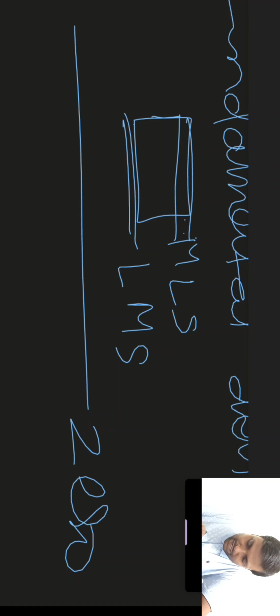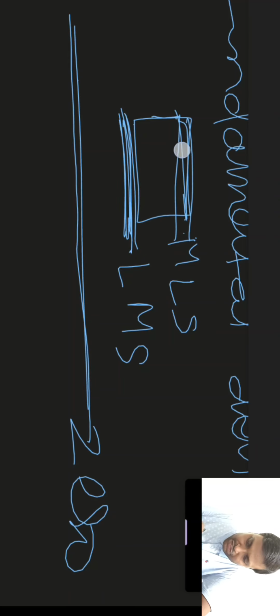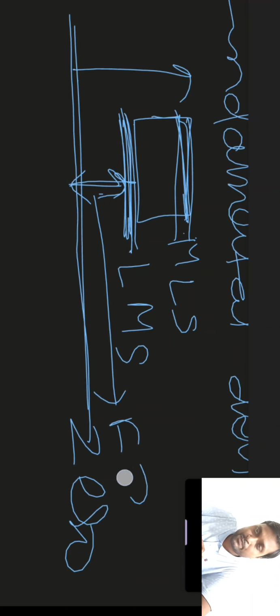So the fundamental deviation is the lowest deviation, or you can say the deviation which is nearest to the zero line. This deviation is nearest to the zero line, not this deviation. This is the upper deviation. This distance is more and this distance is less, so this distance will be known as fundamental deviation.